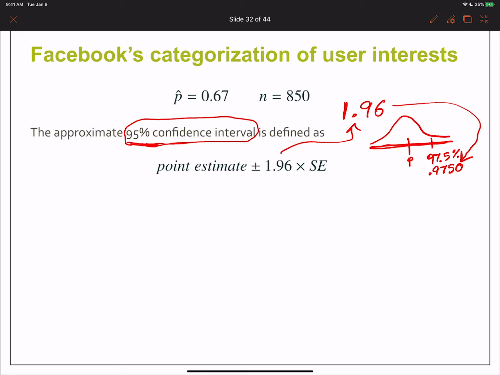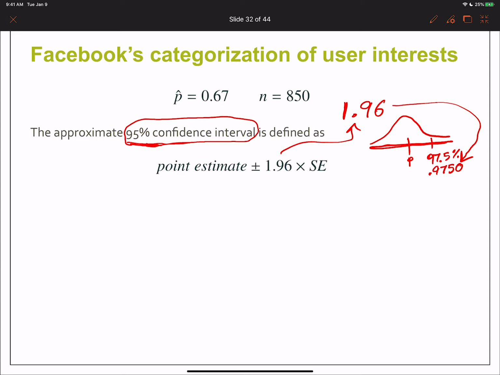So if you wanted to use a different one, you would need to find the z-score that was associated with it. And notice it's not the z-score associated with 0.9500. It's a z-score associated with that 97.5 because it's the middle 95%, not the leftmost 95%.